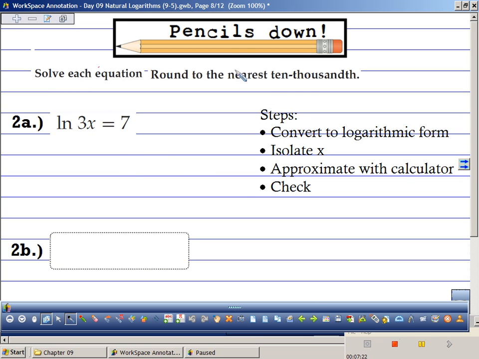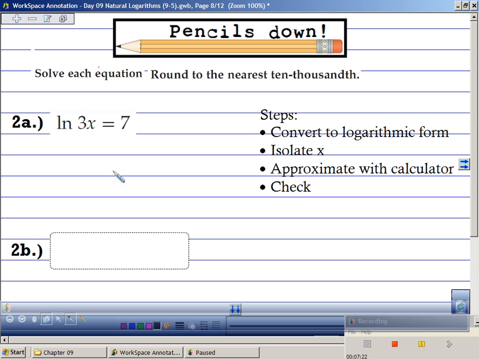Pencils down. Solve each equation, rounding to the nearest 10,000. So I have natural log 3x equals 7. Can you put natural log 3x into your calculator? No. So what strategy could I use? Convert to logarithmic form. You left the steps off, I realize that.